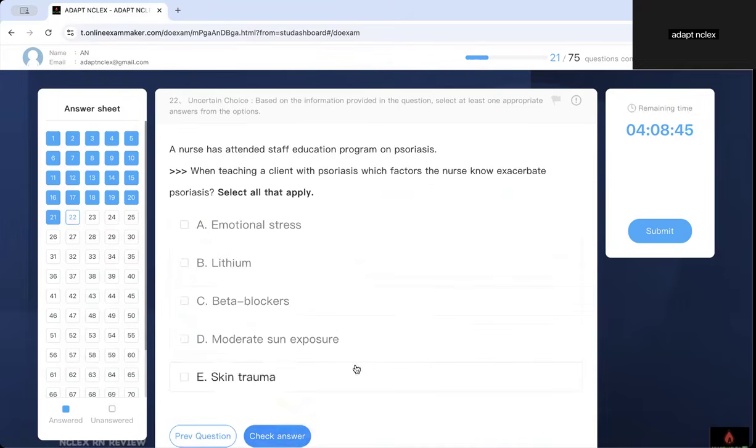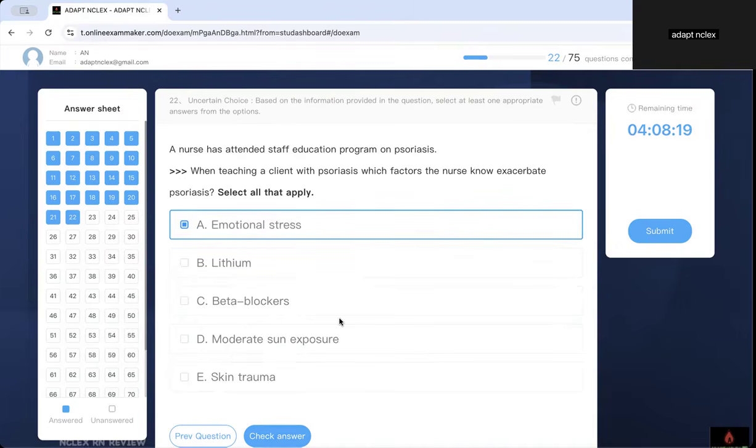Next, as part of a staff education program on psoriasis, which factors exacerbate psoriasis when teaching a client? Psoriasis is an autoimmune disease. NCLEX will ask you about conditions that cause problems for patients with psoriasis, and you have to provide teaching for them. Write this down. Anything that stresses the environment affects your immune system, and that can cause more problems.